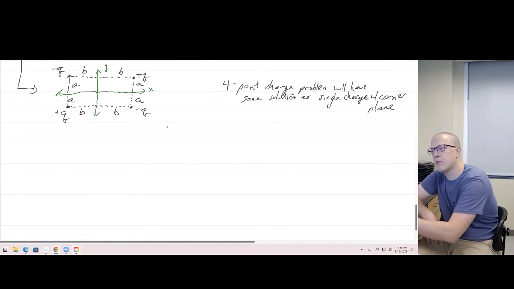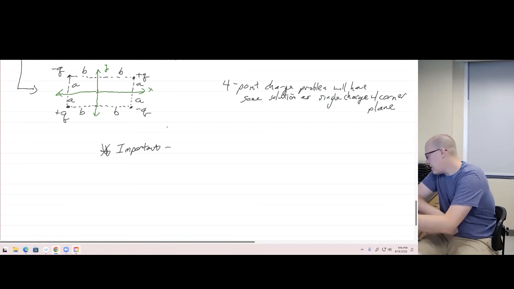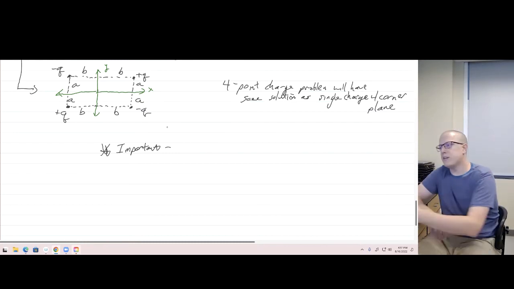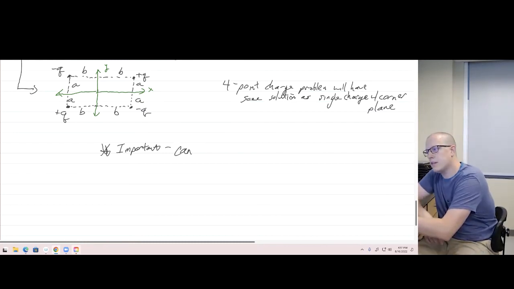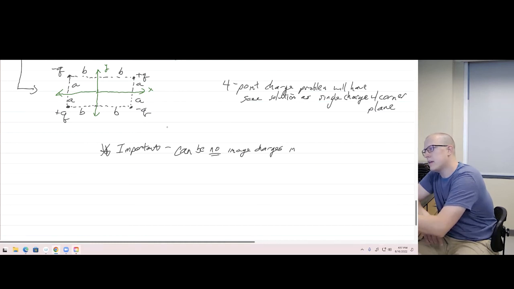I just want to re-emphasize this important point: whenever we're doing this kind of flipping procedure, there can be no image charges in the original area.